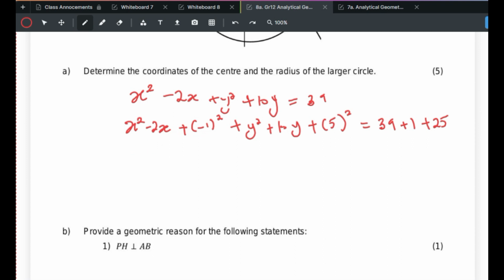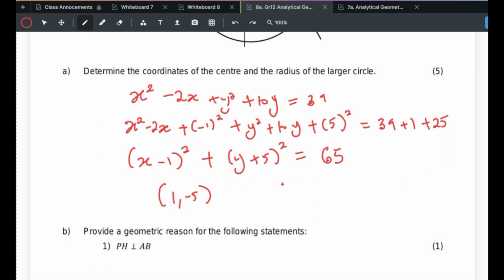So this will be x minus 1 squared plus y plus 5 squared equals 65, since 40 plus 25 is 65, right? Therefore your center is (1, -5) and your radius is the square root of 65. Does that make sense?